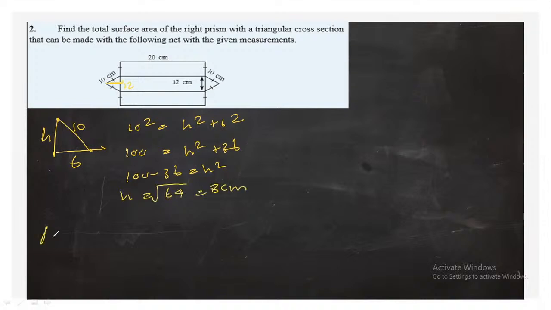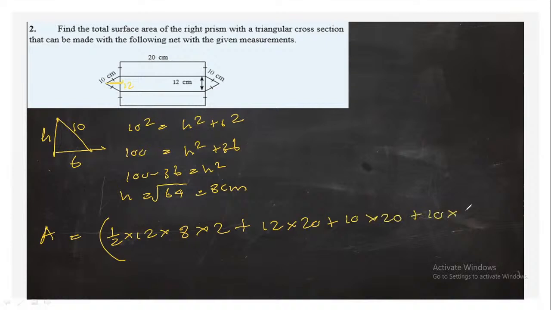Now we can write the total surface area. Two triangular faces are here. Half into base is 12 into perpendicular height is 8. There are two faces like this, plus 12 into this length is 20, plus 10 into 20 plus 10 into 20.